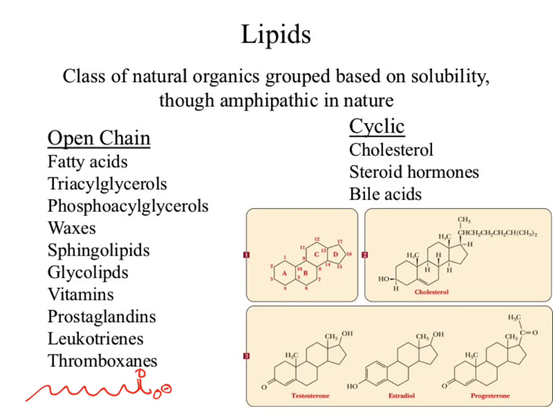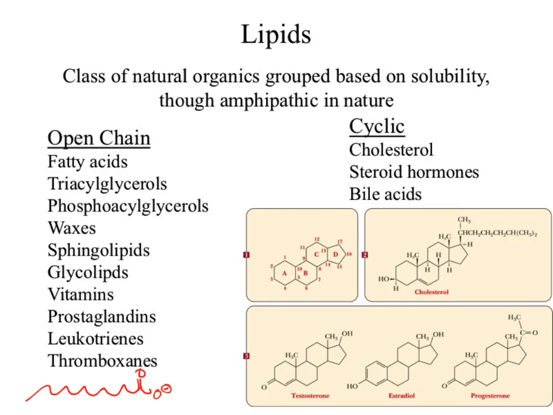You might have heard of testosterone, progesterone, so common hormones, and if we compare those hormone structures, they're all derivatives of cholesterol. They do still have some of that amphipathic material.